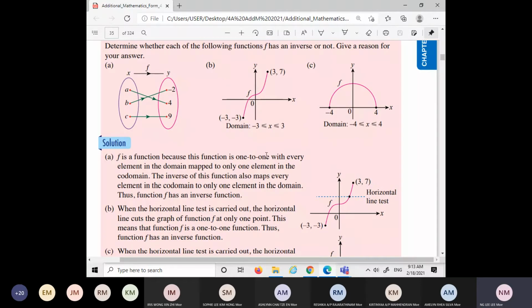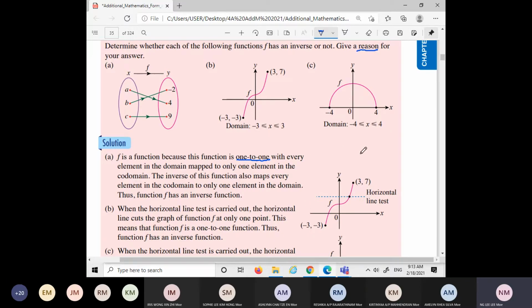The keyword here is one-to-one, with every element in the domain mapped to only one element in the codomain. The inverse of this function also maps every element in the codomain to only one element in the domain. So f has an inverse function. This is how you explain it, because they ask for a reason, so you must be able to explain it.